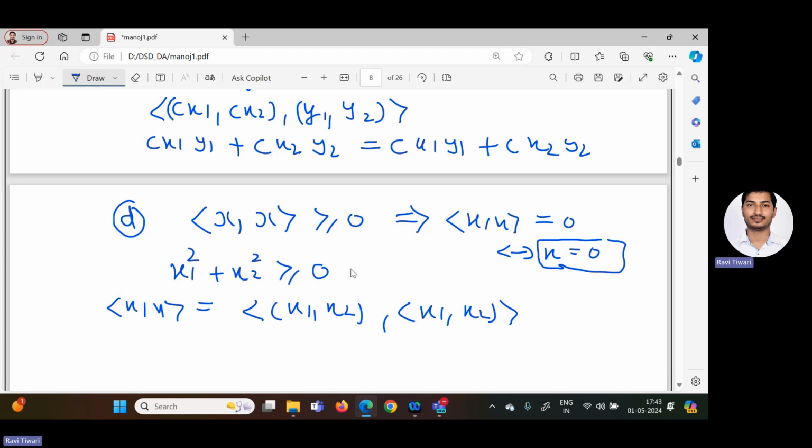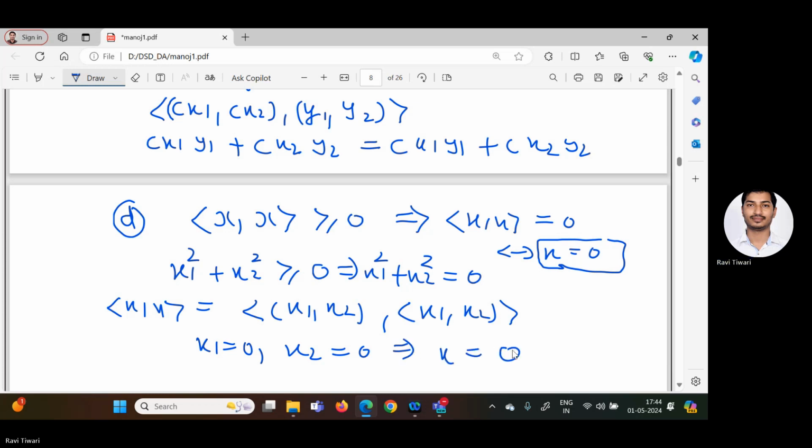And if x1 squared plus x2 squared is 0, since the sum of two positive numbers is 0 only if x1 is 0 and x2 is 0, then x equals 0.